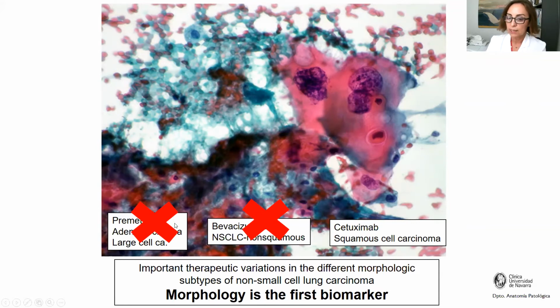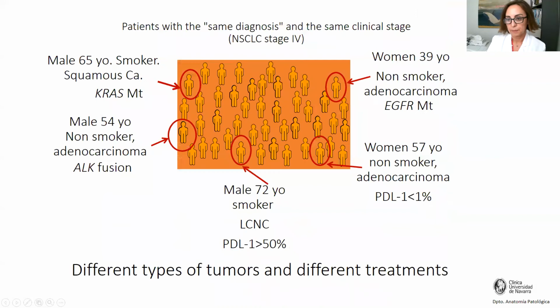Oncologists know that there are some drugs that cannot be given to this particular patient, but there are others that can be given. So there are therapeutic variations in the different morphological subtypes of non-small cell lung cancer. So morphology is the first biomarker.